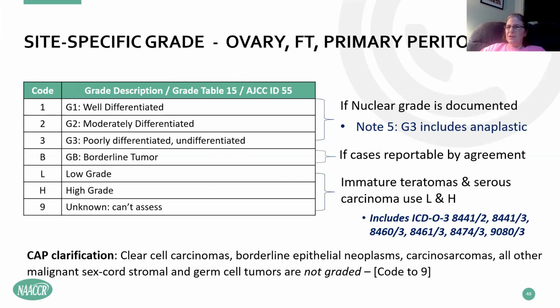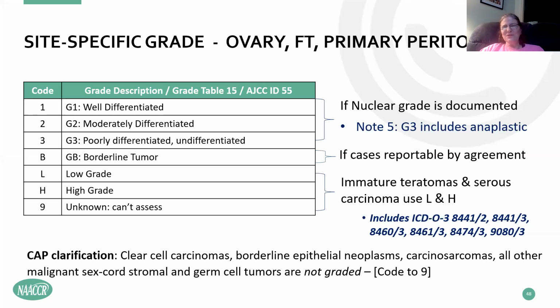So here we have some other clarifications for ovary, fallopian tube, and primary peritoneum. We got clarification from the CAP Cancer Committee that if you have clear cell carcinomas, borderline epithelial neoplasms, okay, hold on. Immature teratomas and serous carcinomas use L and H, and these are the histologies that are under L and H. For example, 8461 by definition is a high-grade serous carcinoma.